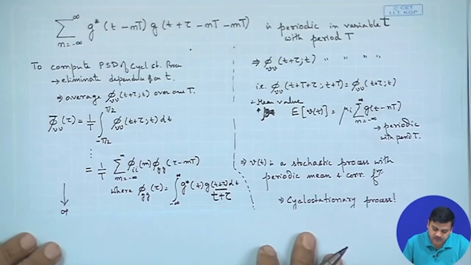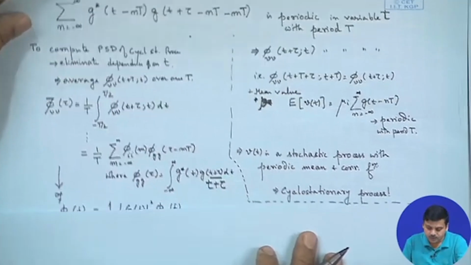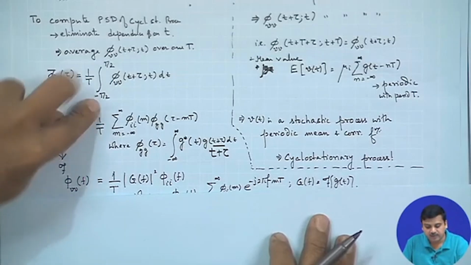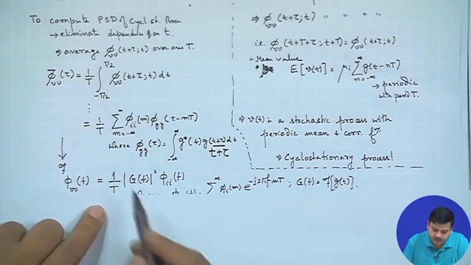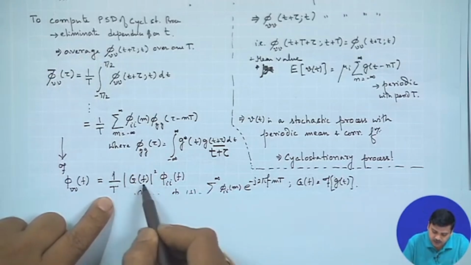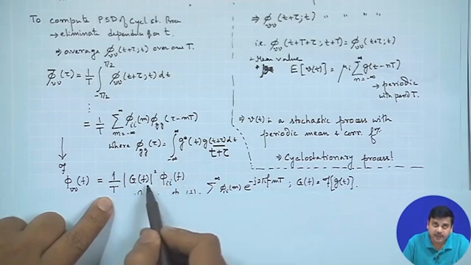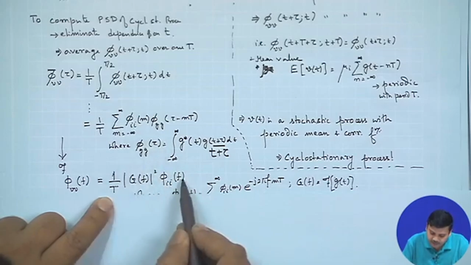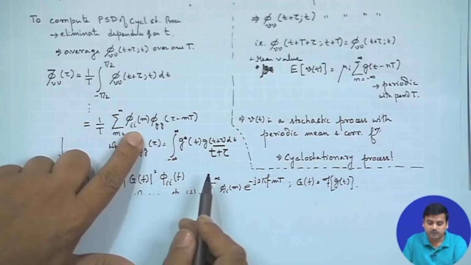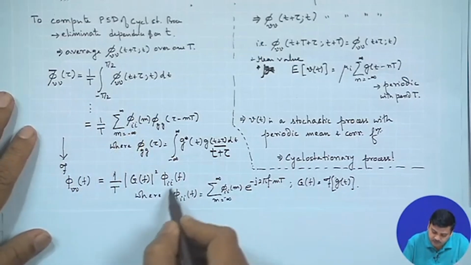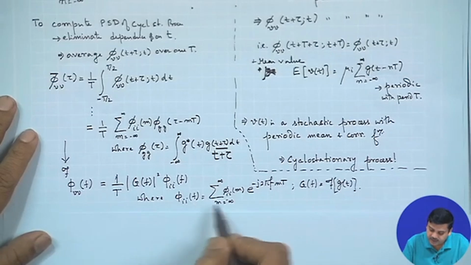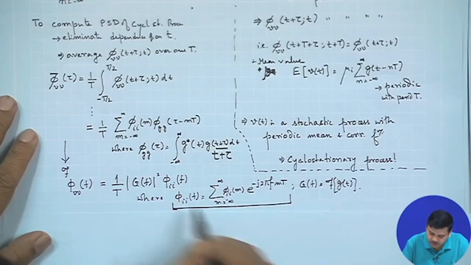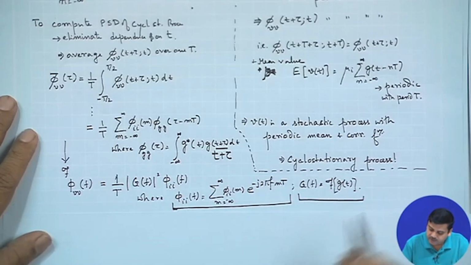And if we are interested in calculating the spectrum, what we have to do is take the Fourier transform of the average autocorrelation function, averaged over one time interval T, and you are going to get 1 over T times the magnitude squared of G(f), where G(f) is the Fourier transform of this, right, and phi_I(f), which is the Fourier transform of phi_I(m). So, phi_I(f) you would write as the expression given here, and G(f) is the Fourier transform of g(t).